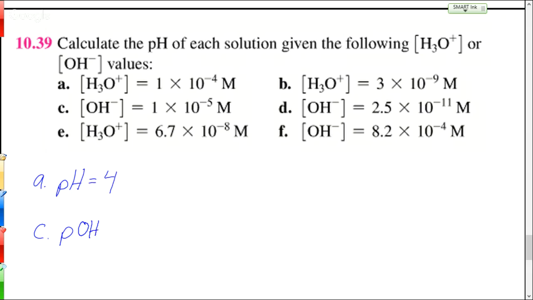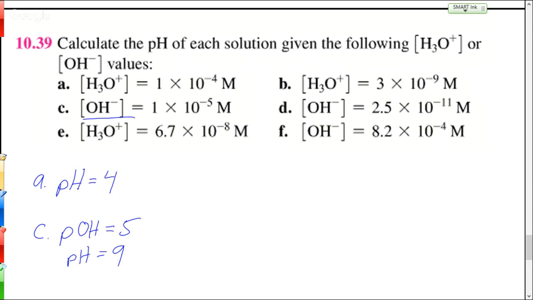So if we calculate the pOH of the hydroxide concentration, we get 5. The pH and the pOH always have to add to 14, so the pH would be 9. See how that works? So when you're given the hydroxide concentration instead of the hydronium, you have to subtract what you get from 14 to get the pH.